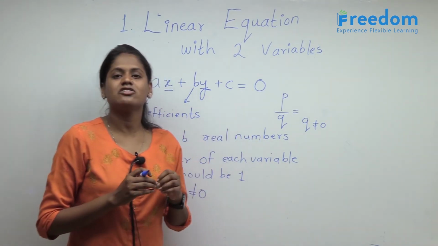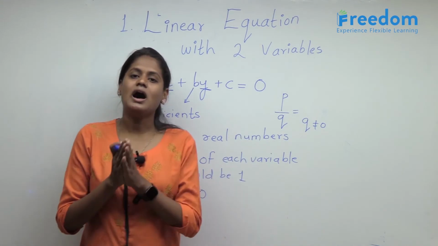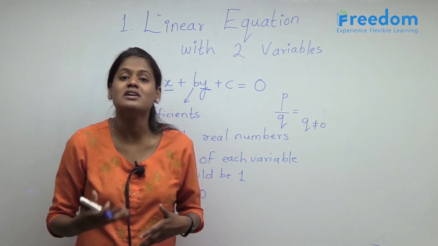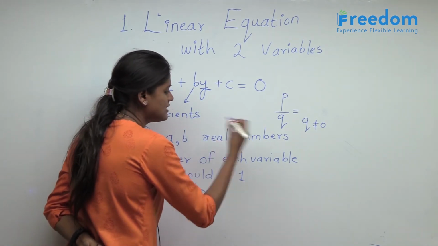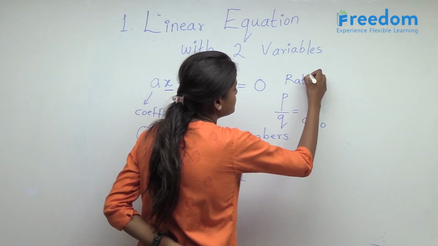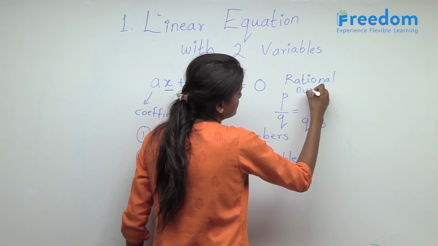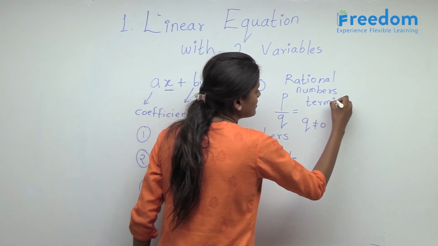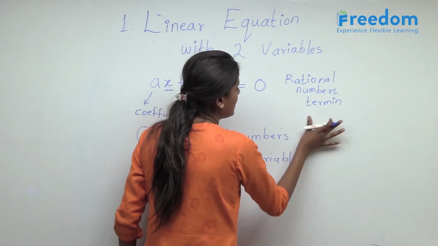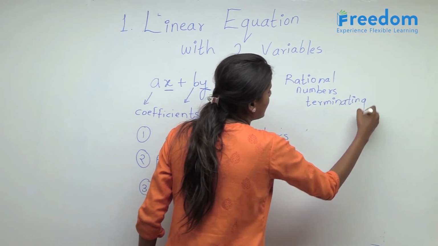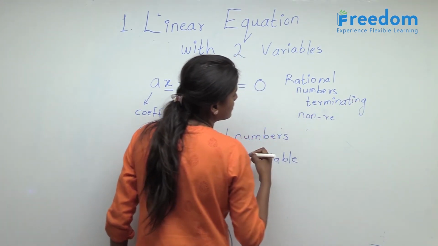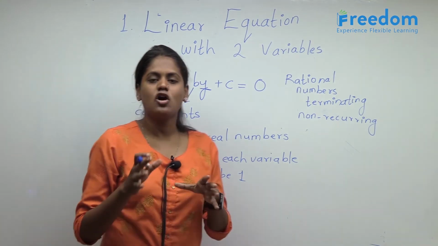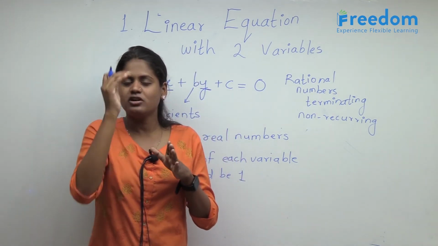One more thing we can write about rational numbers. They have terminating decimals and they do not have recurring decimals. The value will stop in the division.